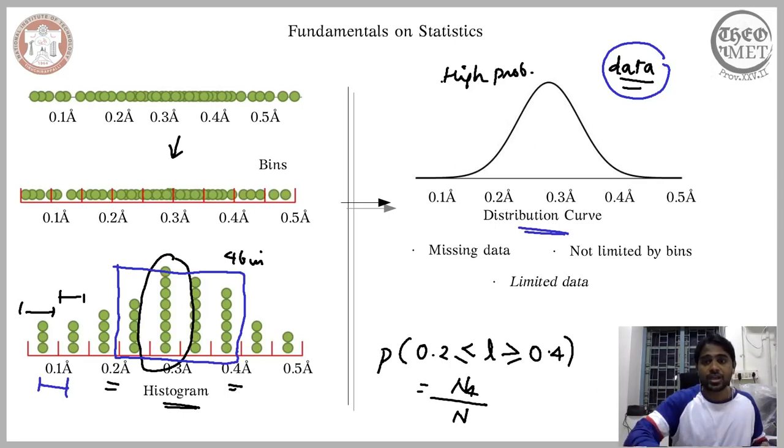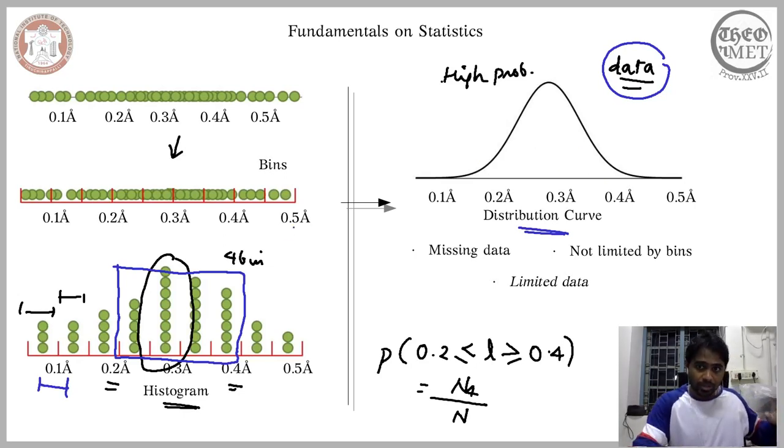So any range can be considered when your population is represented by the distribution curve. Any range not confined to the ranges of the bins can be estimated. The probability of any range can be estimated when you are using a distribution curve instead of a histogram.